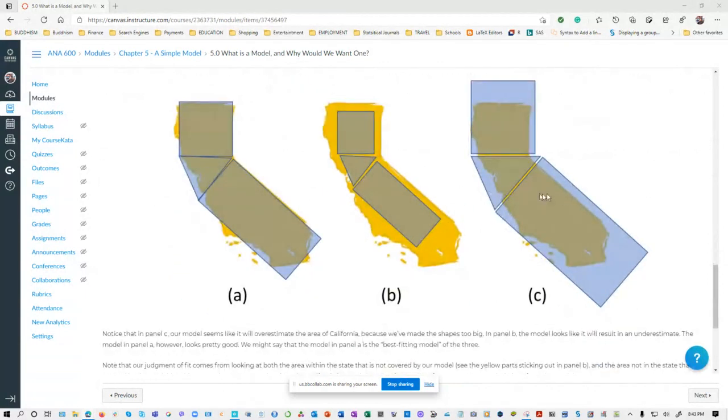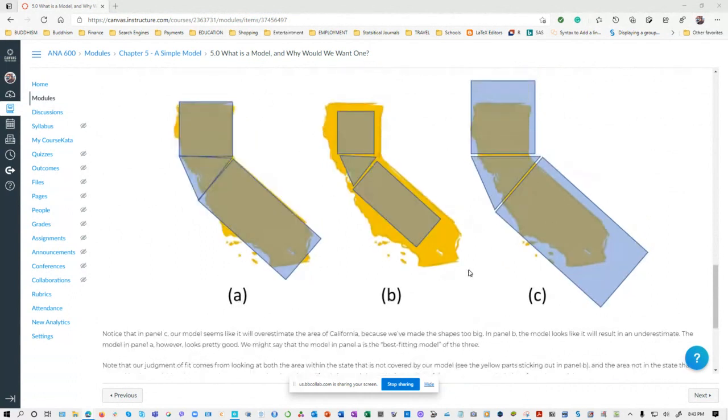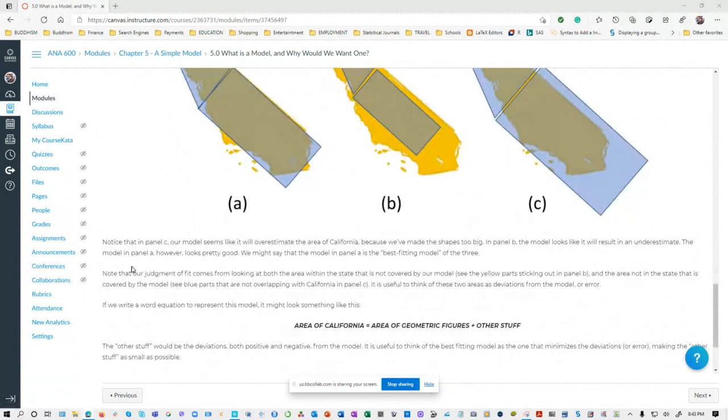Here are a few examples. In panel C, you can see that our model seems like it will overestimate the area of California because we made the shapes too big. In panel B, the model looks like it will result in an underestimate. It's not enough to cover pretty much the whole area. The model in panel A, however, looks pretty good. We might say that the model in panel A is the best fitting model.